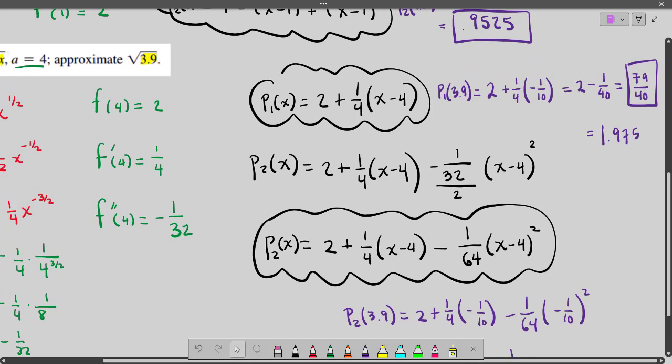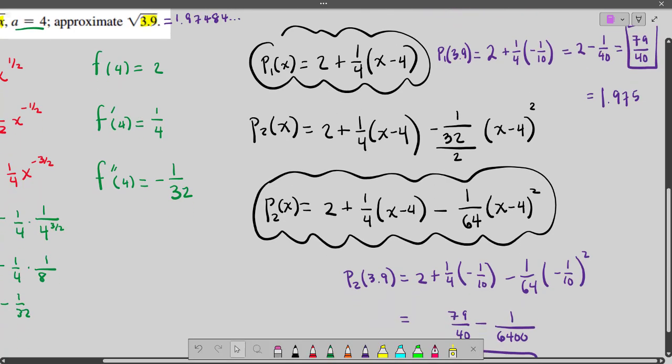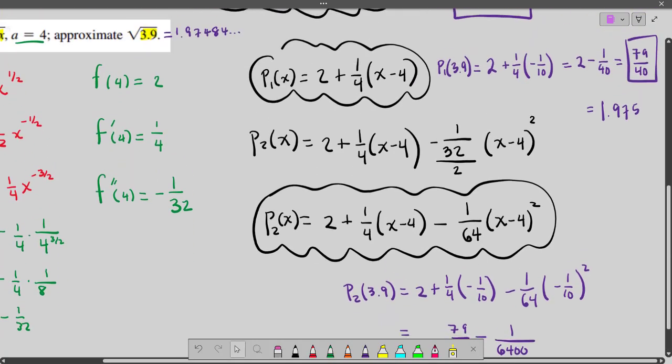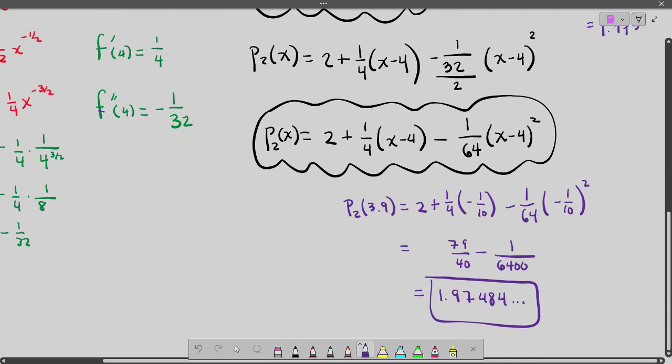So the square root of 3.9 is going to be 1.97484, etc. Okay, so the first one is good to three places, 3 sig figs, 2 decimal places. The next one we get out to 97484. Oh, it's already good to 5 decimal places, just going out to the second order approximation.